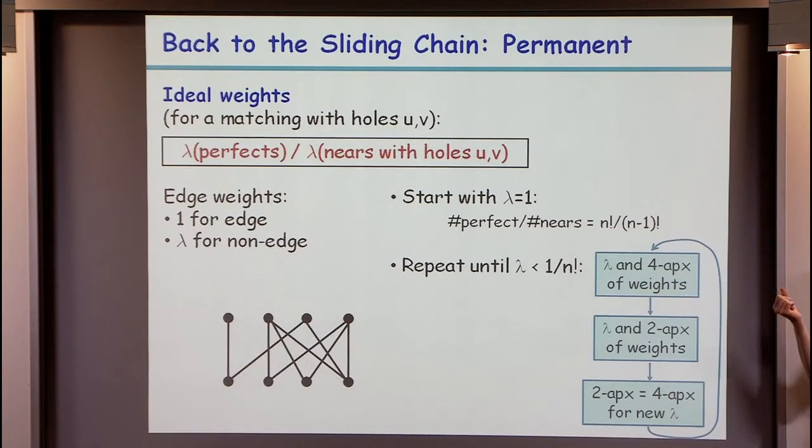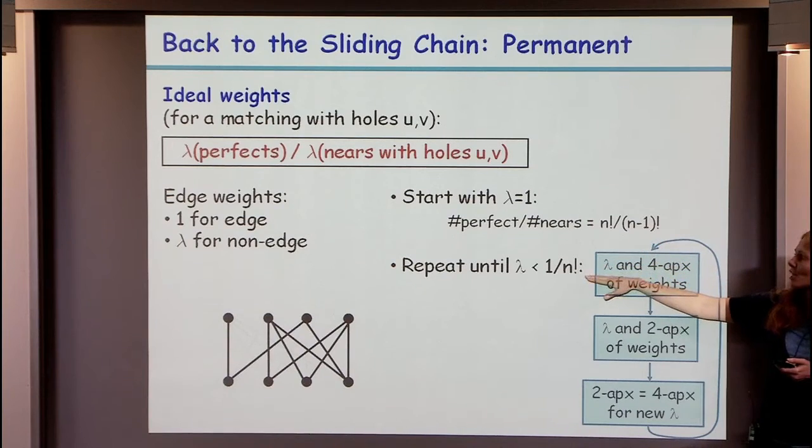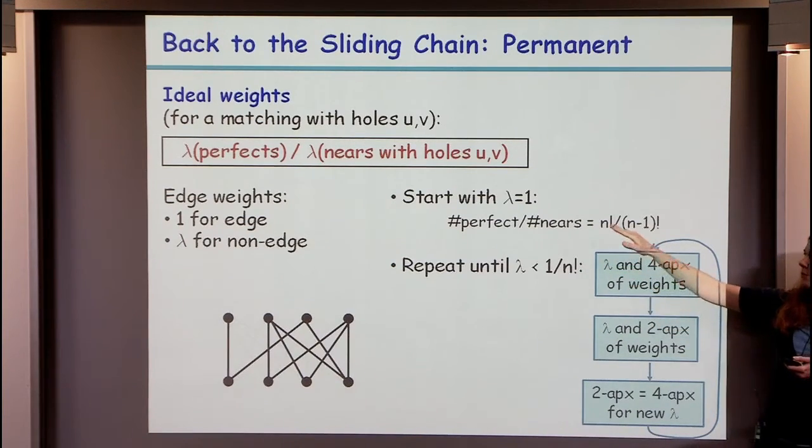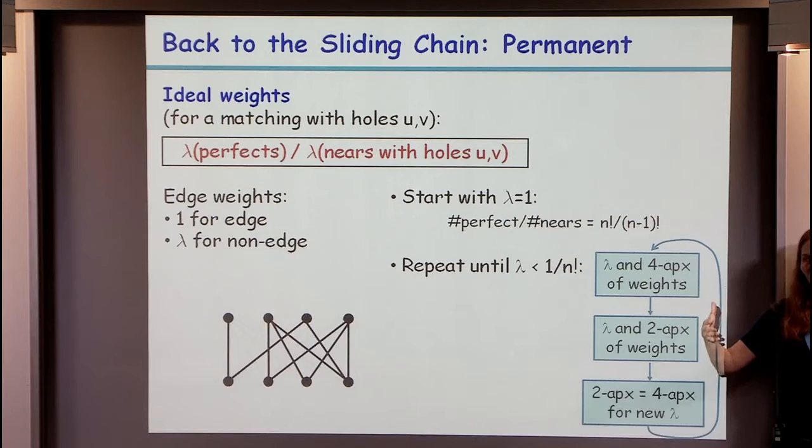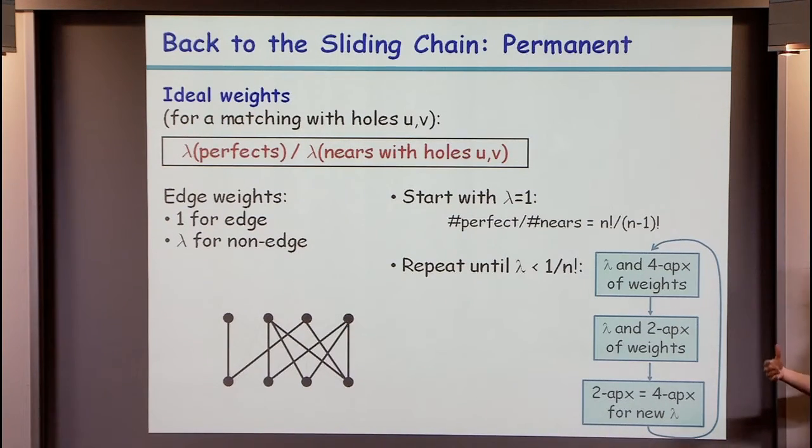Now with this understanding, we have an estimate on the ratio that we want for lambda equal to 1. And then we can keep the following invariant. We will start with lambda equal to 1. We know the weights, and then we will keep decreasing lambda. The invariant that we will keep is that at any given time, we will have a 4 approximation of the weights for my current lambda.